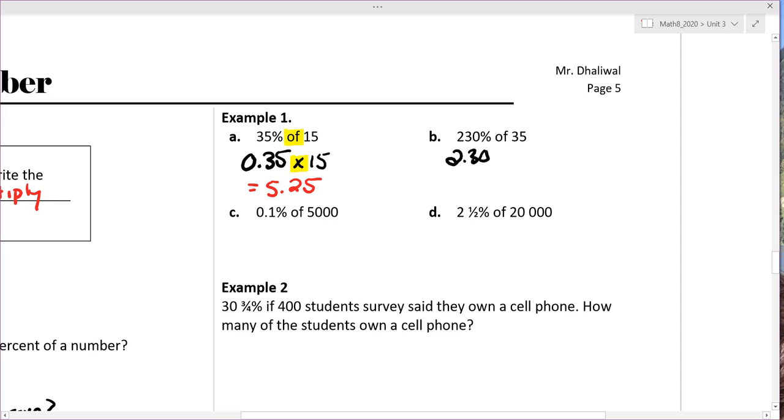Or move the decimal 2 places to the left. You started here, 1, 2, so 2.3. Of changes to a multiplication sign, 35. And calculate. And we have, thank you, Alana, 80.5.